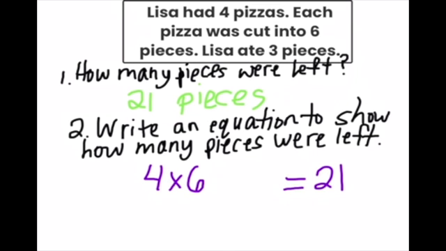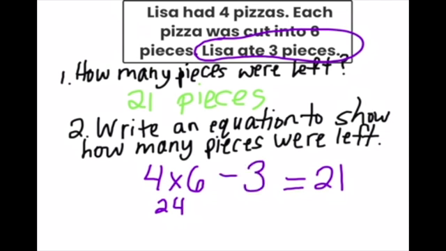But remember the last part of that. Lisa ate 3 pieces. So we know that, of course, 4 times 6 was 24. But we have to take away 3 pieces because that is how many Lisa ate. And now those pieces are gone.